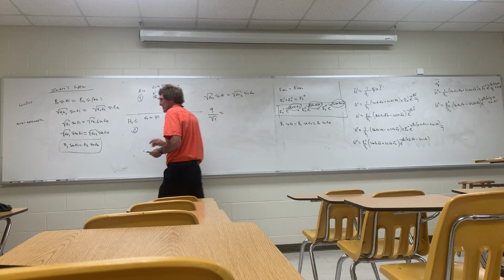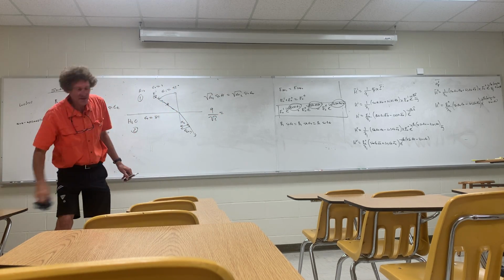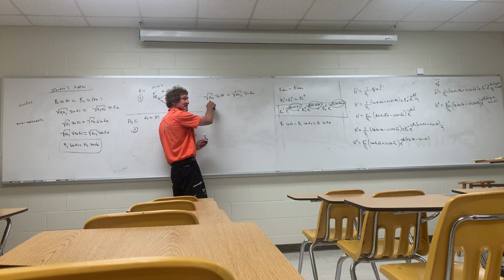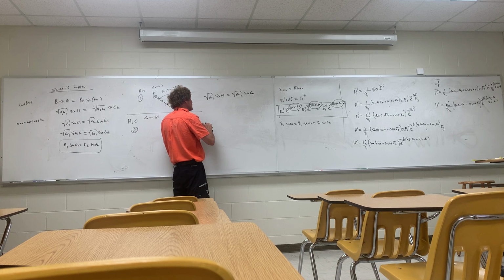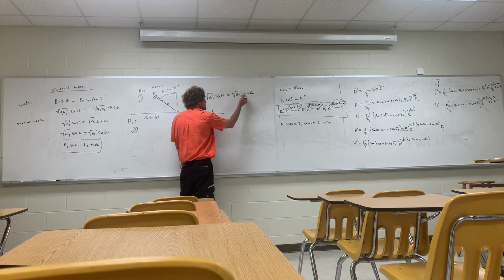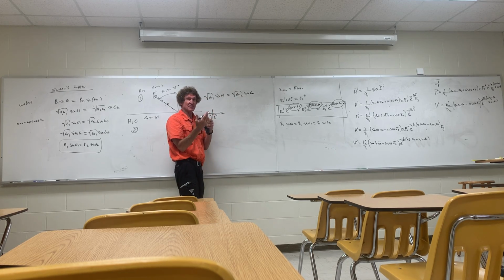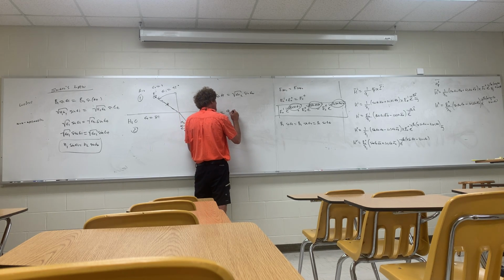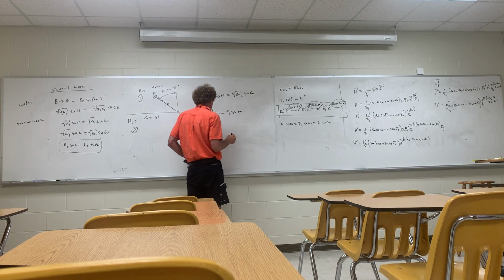Hold it, I did this backwards. Epsilon relative 1 is 1, and the square root of that is 1. The sine of 45 degrees is 1 over square root of 2, which is equal to the square root of epsilon relative 2, which is 9, the square root of 81, times the sine of theta transmitted. Anybody got a calculator here?